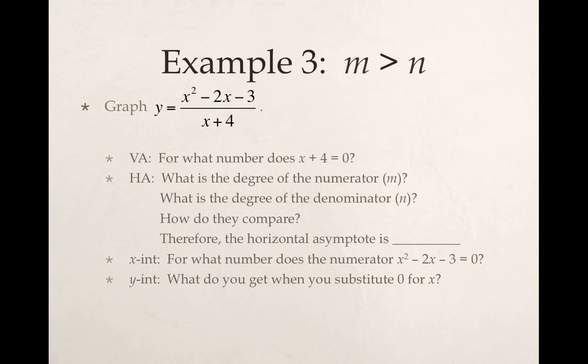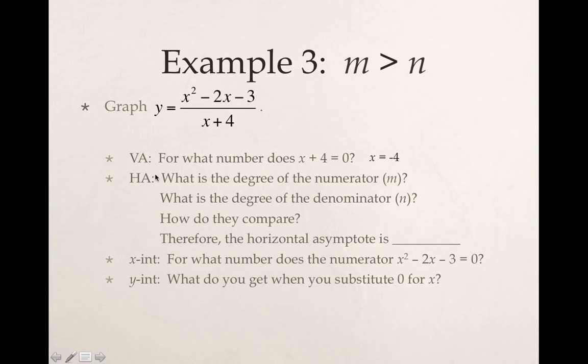All right, one more type of example. In this case, we have x plus 4 as our denominator. So when you set that equal to 0, we find that our vertical asymptote will be at x equals -4.